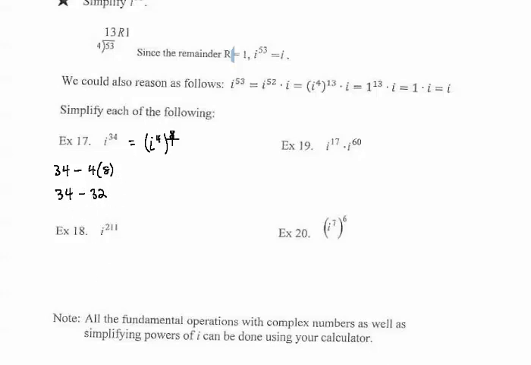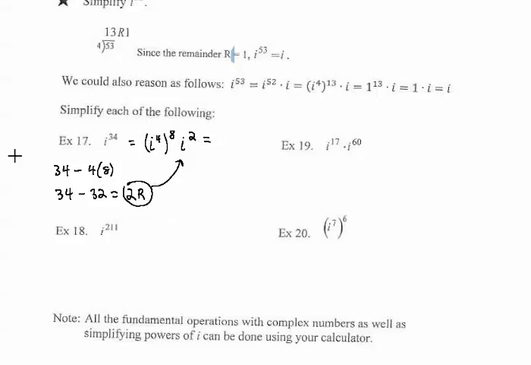Because what we're doing here is we're applying the power rule, 4 times 8. That tells us how many i's we've used up. There is a remainder of 2. Maybe the R was supposed to go first, but this just simply means that we go over here and we write another i, but it's going to be squared. So we've accounted for all 34 of the original i's.